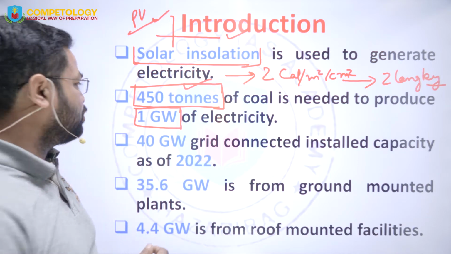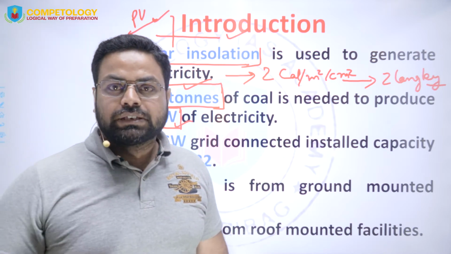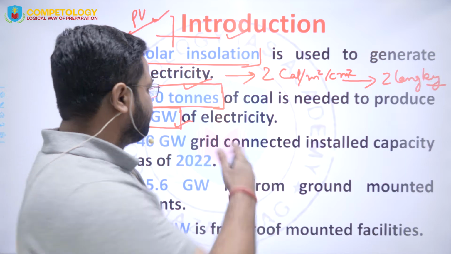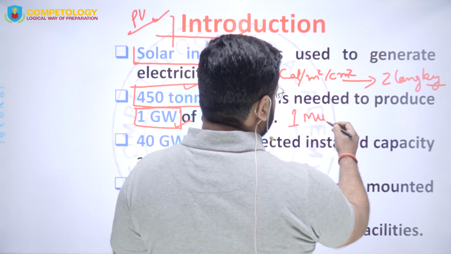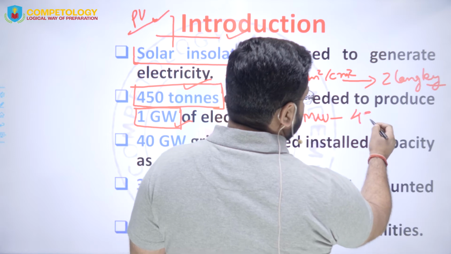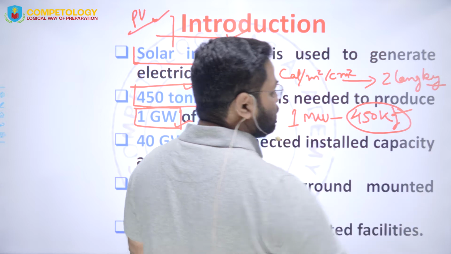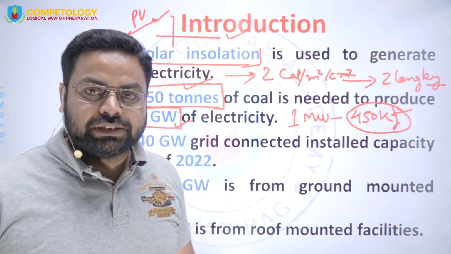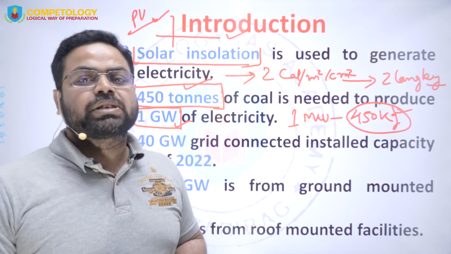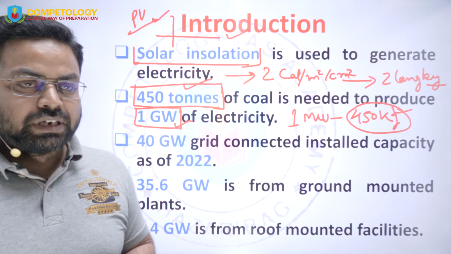And if we tone it down, then 1 megawatt of electricity is produced with 450 kg of coal, and this is a very huge amount, and this is going to produce a huge amount of carbon dioxide and even other greenhouse gases that are there in the coal itself, right?